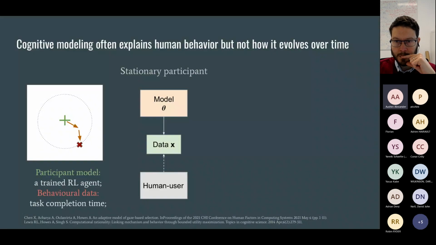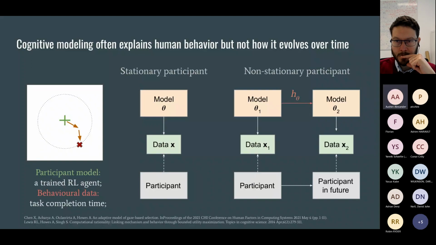Usually you want to give them several of them, let's say 10, but the problem is that the participant adapts to the task, they become much better at it. So the parameters of the models will change. And what we want to do is track how these parameters change, and use it to improve the inference quality.